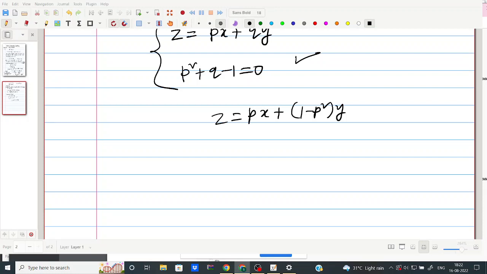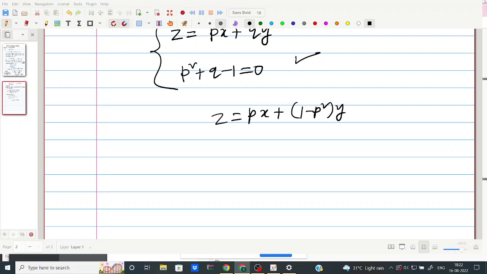Can you tell? dx/dt is Fp. F is a function of x, y, z, p, q. So I just write Fp.